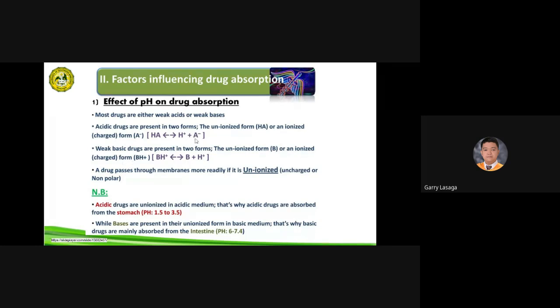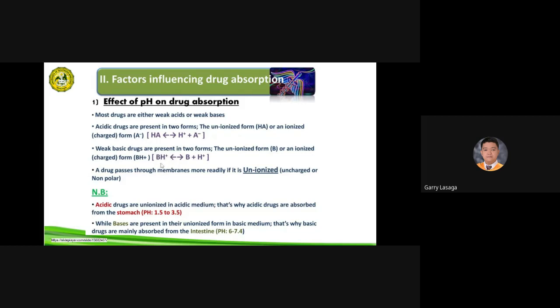Again, when we put a base in a solution, that particular base will be able to accept hydrogen ion, forming this particular ion here, the BH.